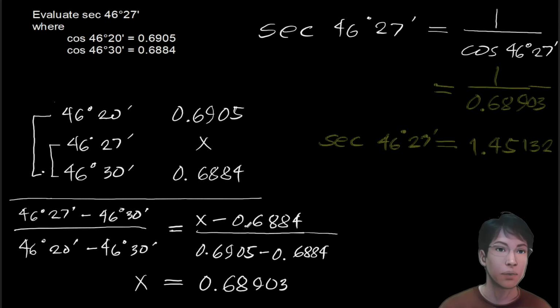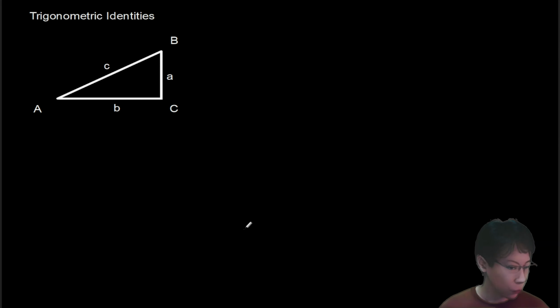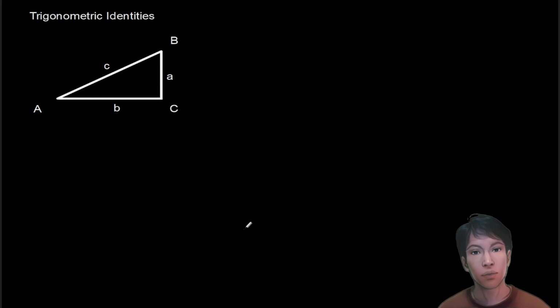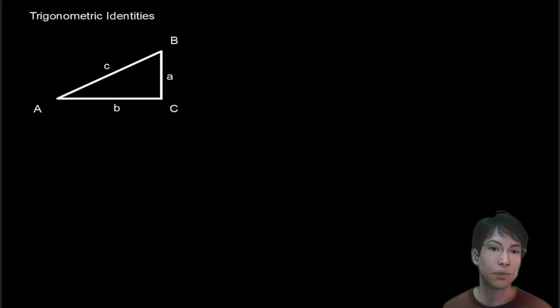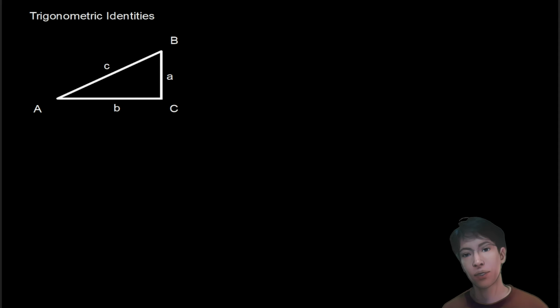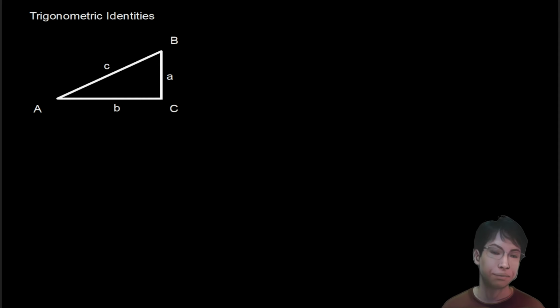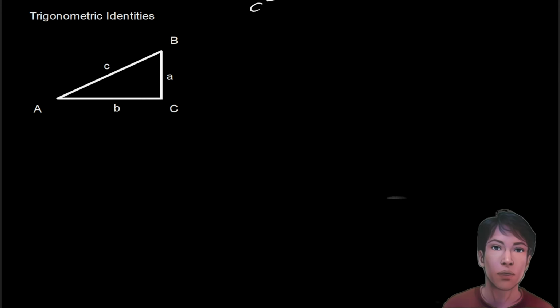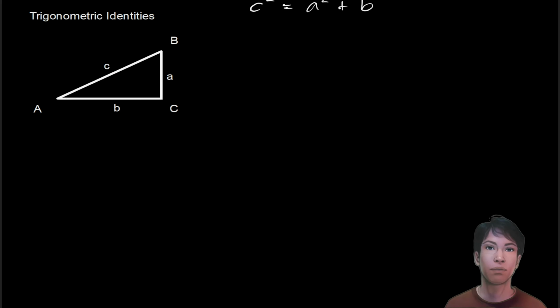So let's proceed to the next topic. This time we now have the trigonometric identities. Let's recall that from the Pythagorean theorem, c squared equals a squared plus b squared.